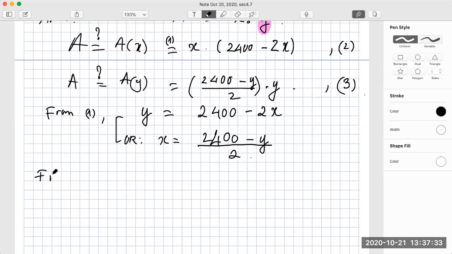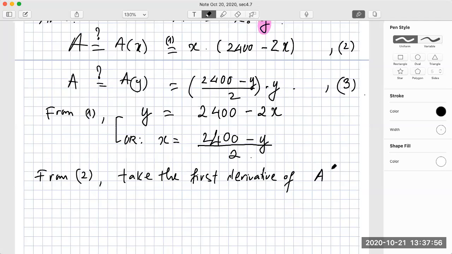So from the second equation, let us deal with both 2 and 3, right? To understand it clearly. From 2, we take the first derivative of the function of the area A of x.